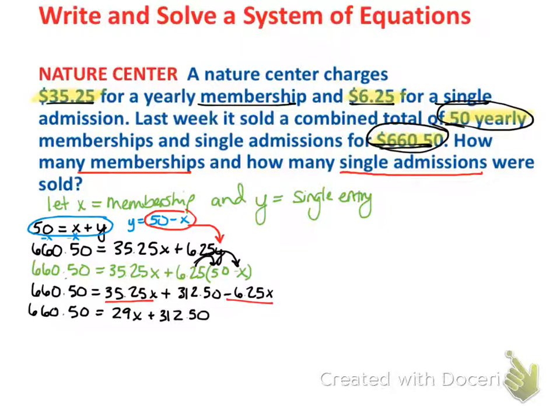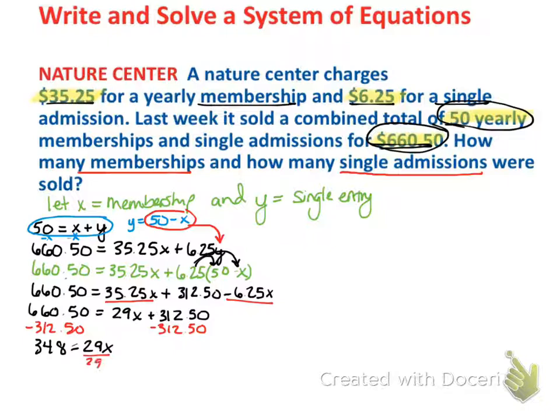All right, let's move that over to the other side. That gives us 348 equals 29x.